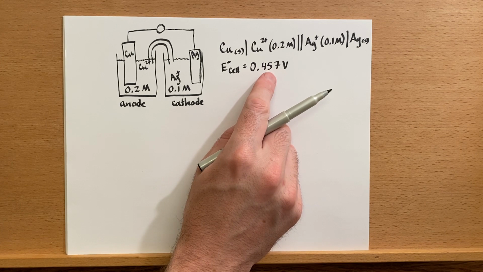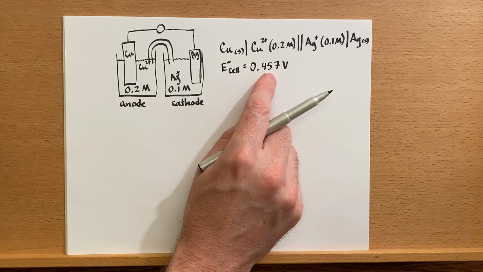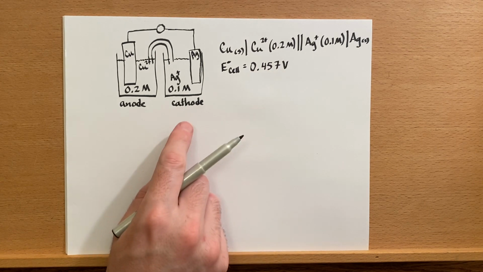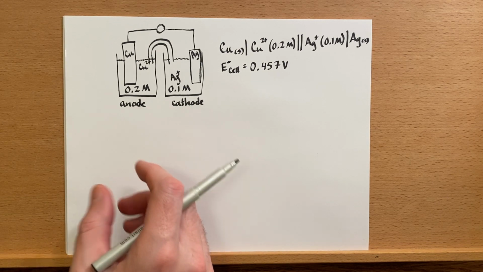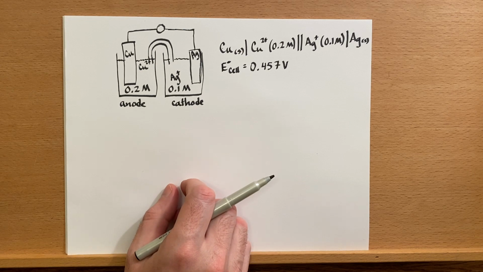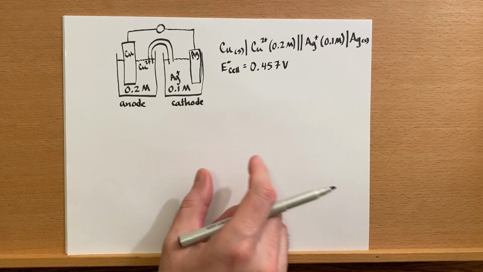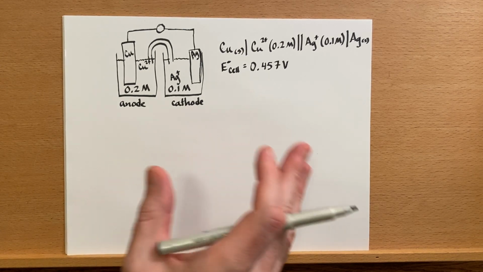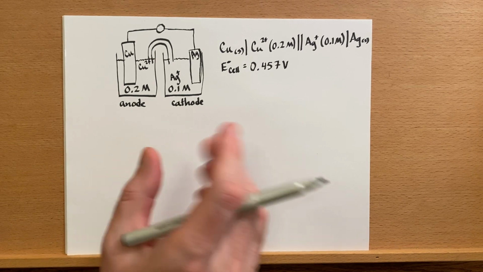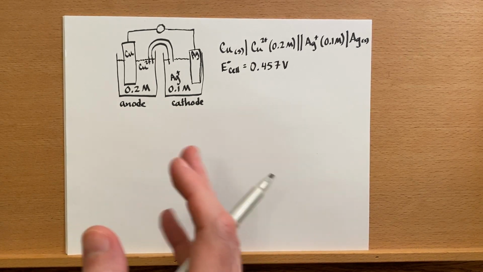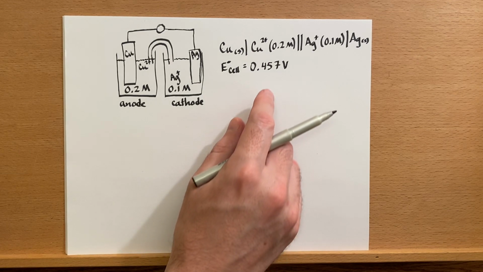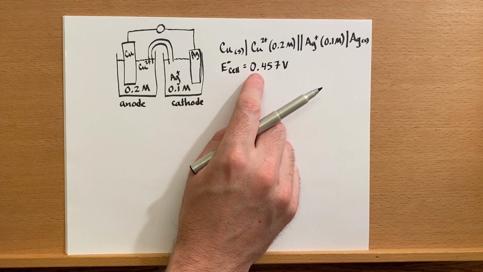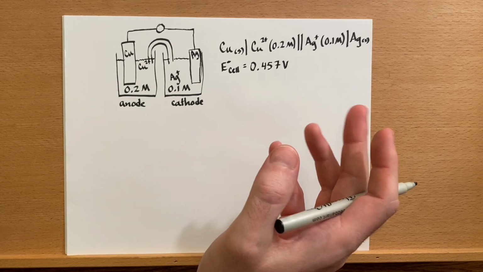And if we did calculate it and we got a negative electrical potential, then we would know that we put the cathode and the anode in the wrong spots and just simply switch them around and try again. It happens. I used to worry about it, and then after I realized, oh, if it's a negative, I just change it around and do it the other way.